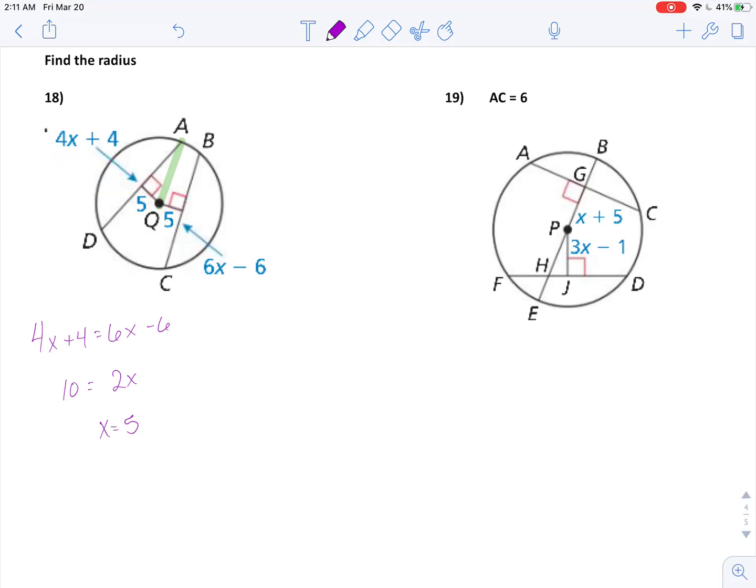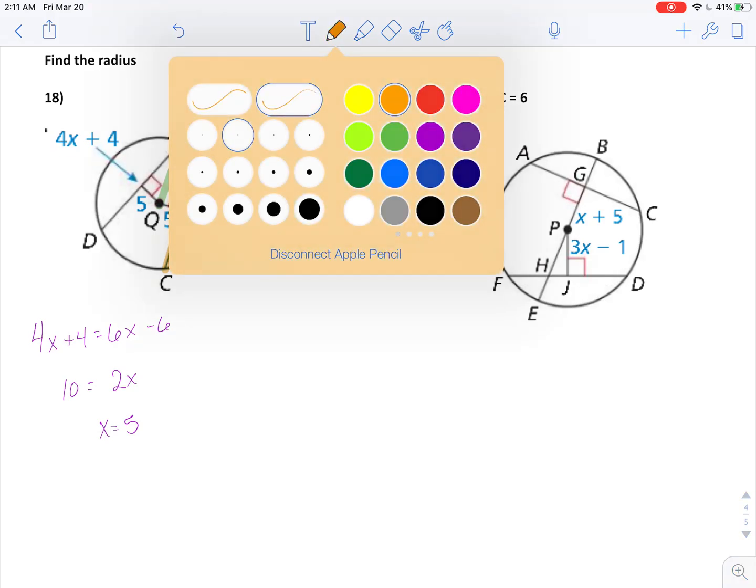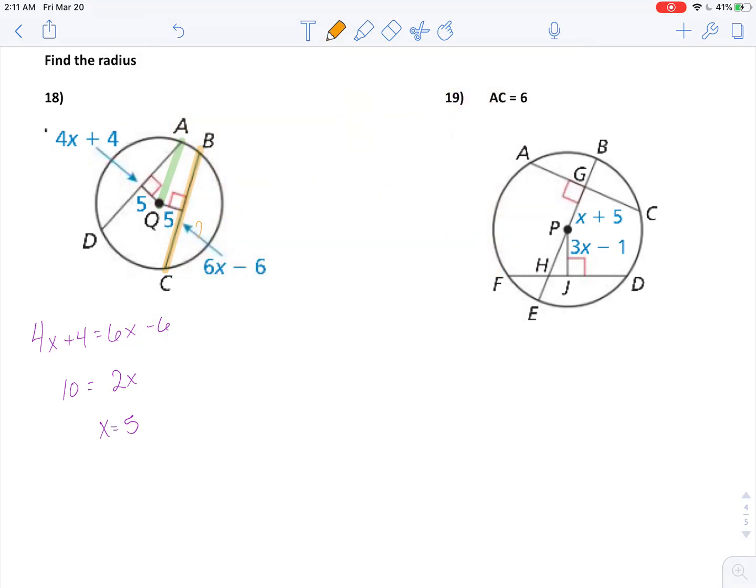So what do we have here? 2x equals 10, x is 5. And what's this whole segment here? So 5 times 6 is 30. Minus 6 is 24 for the whole thing, which if we break in half gets me 12 and 12.